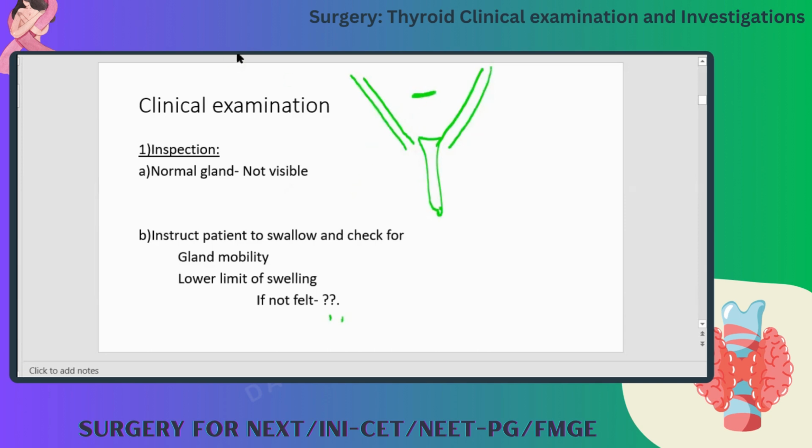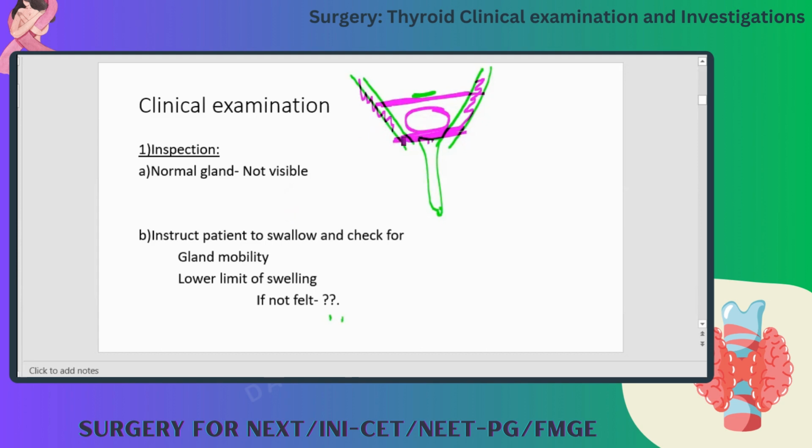The thyroid gland extends between the sternocleidomastoid muscles, from 2 centimeters above the suprasternal notch up to the level of the thyroid cartilage. This is the extent, right?